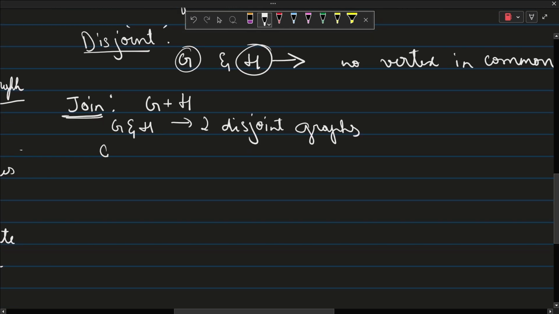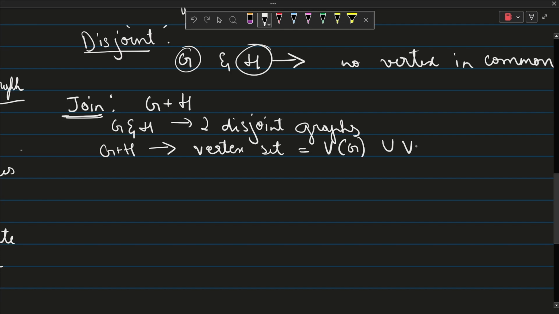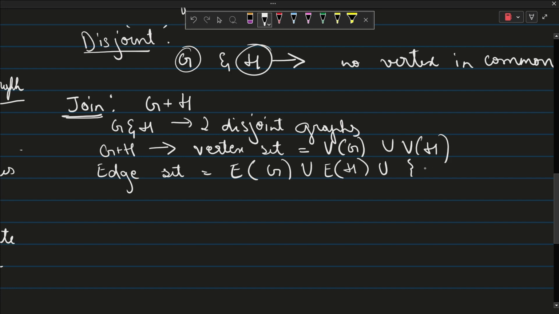When we say G plus H is a join, it means the vertex set of G plus H would be the vertex set of G union the vertex set of H, but the edge set of this join is the edge set of G union the edge set of H union the edges xy, where x belongs to V of G and the vertex y belongs to V of H.